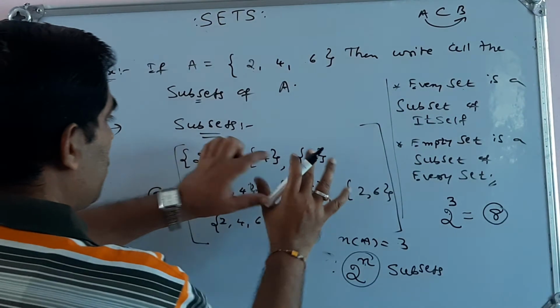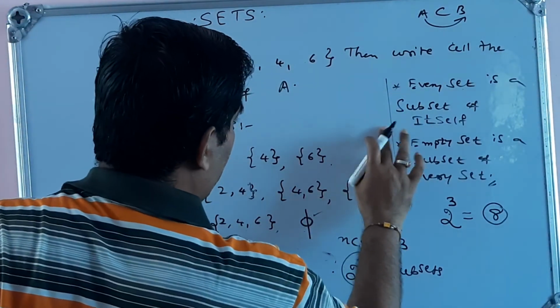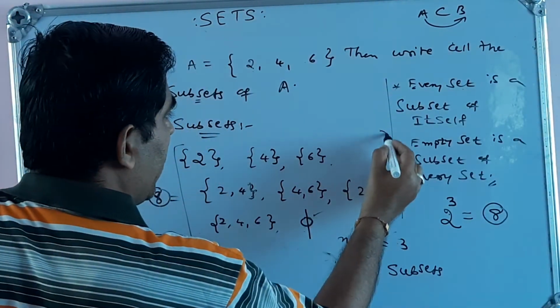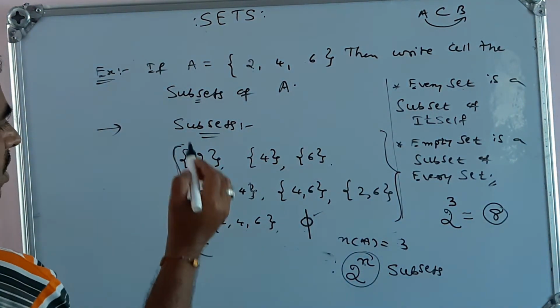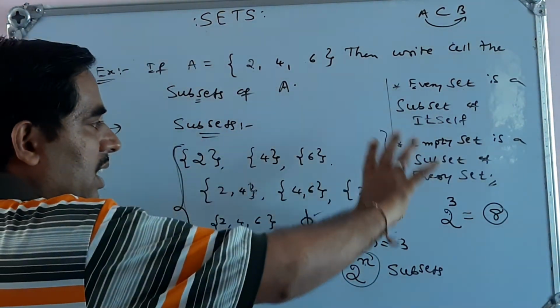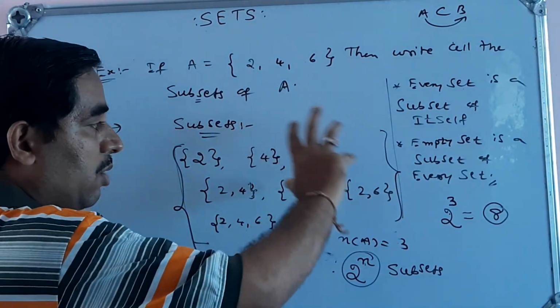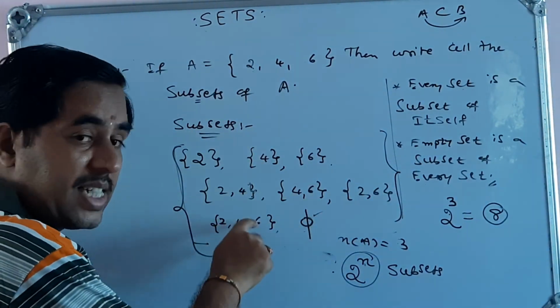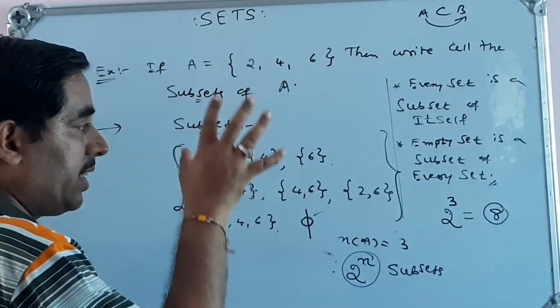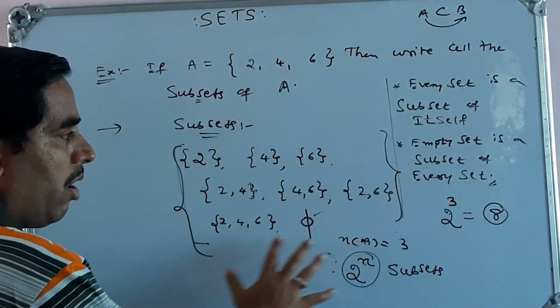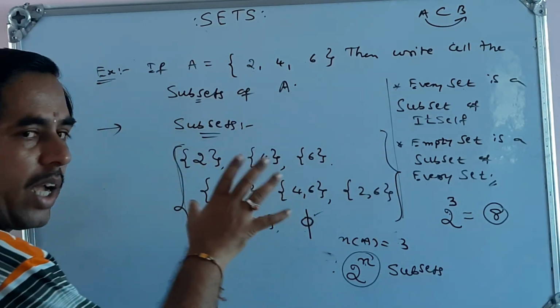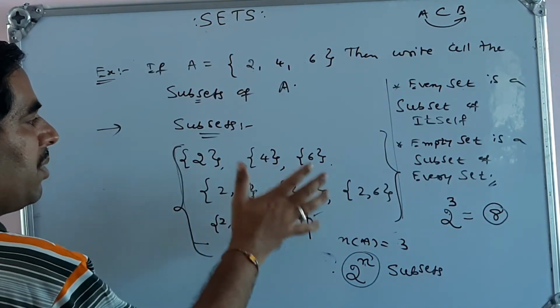See, these are all the subsets. If I write all these subsets in flower brackets, observe, the set which contains the subsets of the given set. We have written all the subsets and put them in one set.